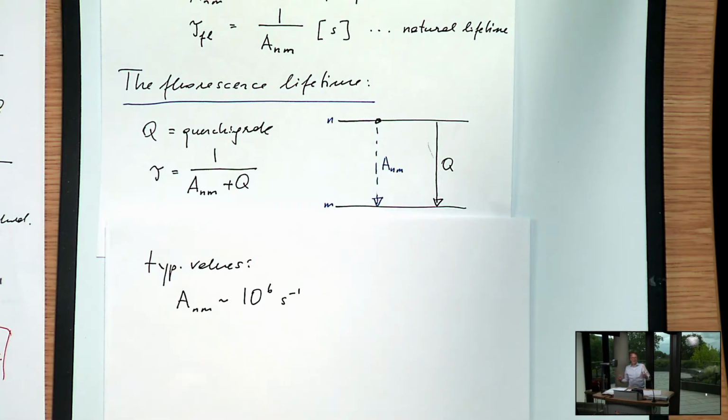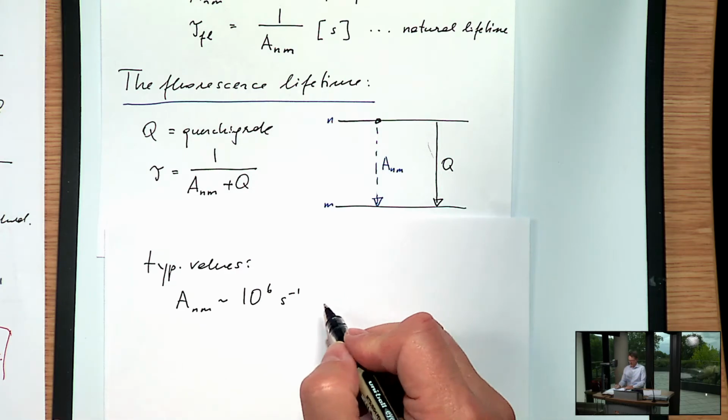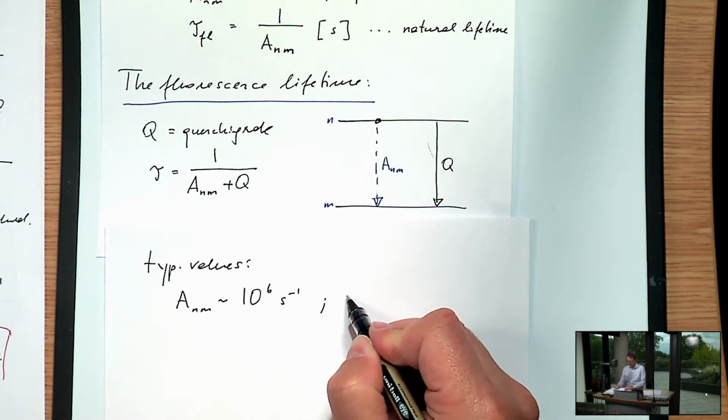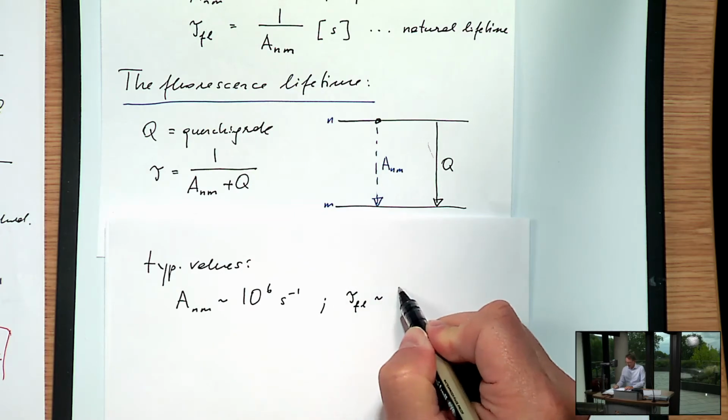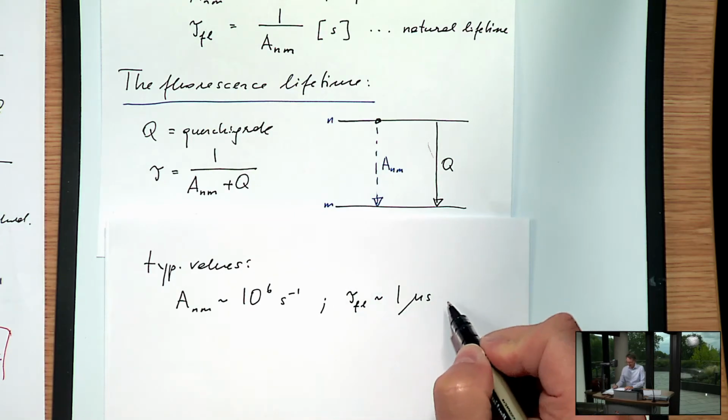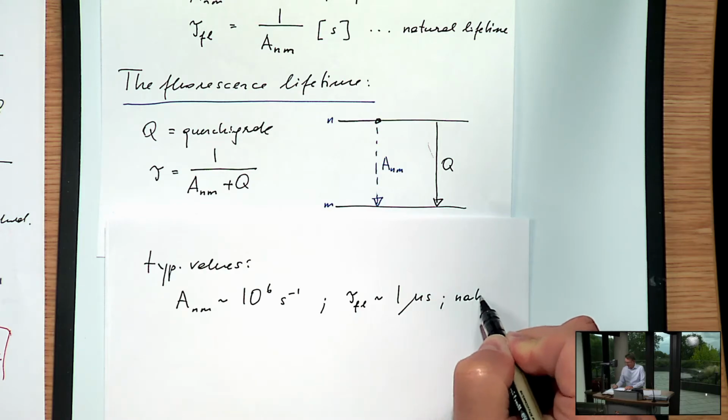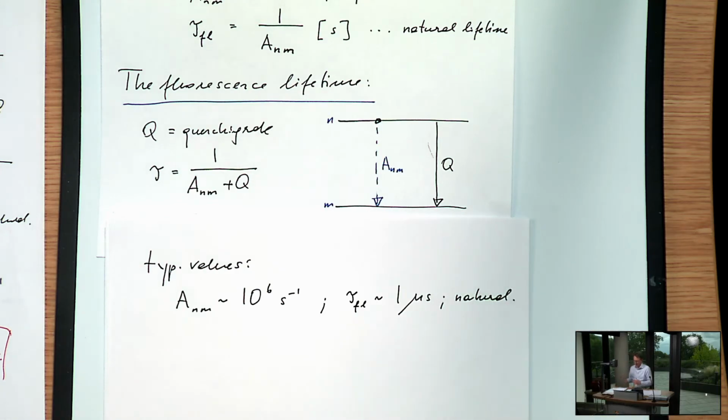So about 1 million times a second you can expect these decay processes to take place for a typical molecule, corresponding to a natural lifetime, T_FL, of about 1 microsecond. That would be the natural lifetime of a molecule in isolation.